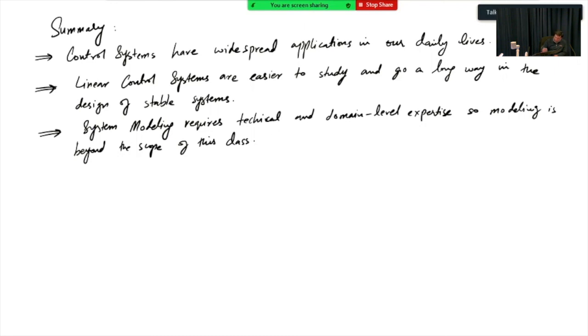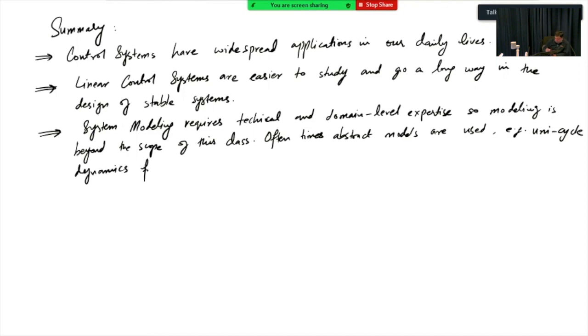I can give you one example here. So oftentimes abstract models are used. For example, there's something called unicycle for modeling a robotic platform.